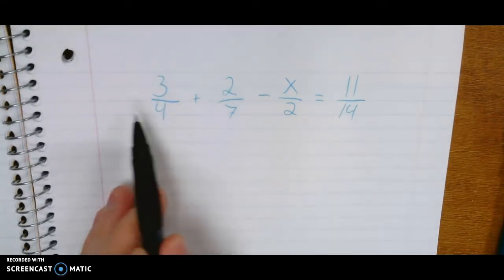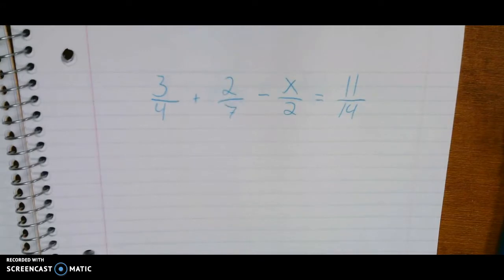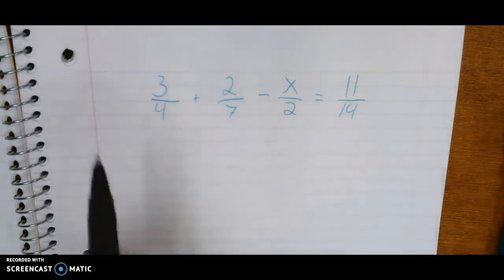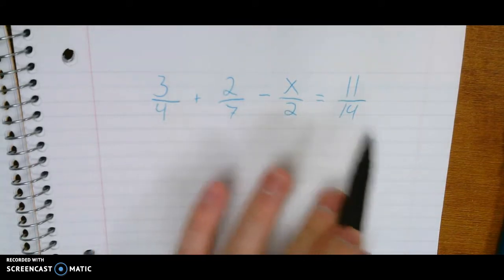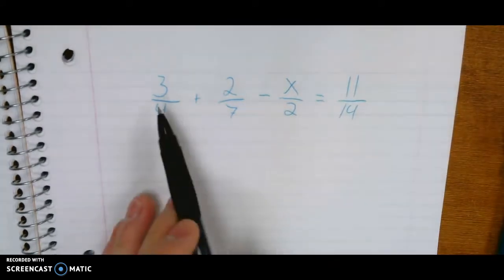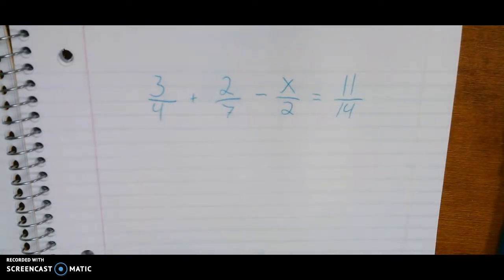Right here, I have an equation that I completely made up. I have no idea if this is going to work out to be a clean, pretty number or not. Here we have 3/4 plus 2/7 minus x halves equals 11/14. Right now, I'm not allowed to add or subtract any of this stuff on the left-hand side because my denominators are not the same.